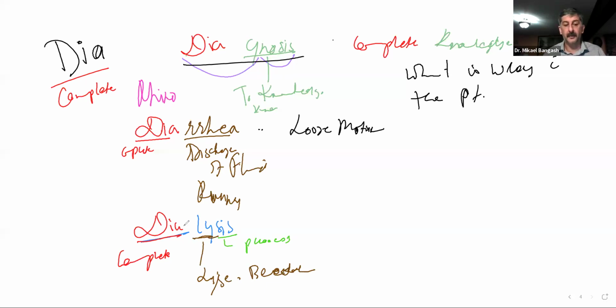So a complete breakdown, or a process of complete breakdown. Usually the word is used in relation to patients with kidney failure.